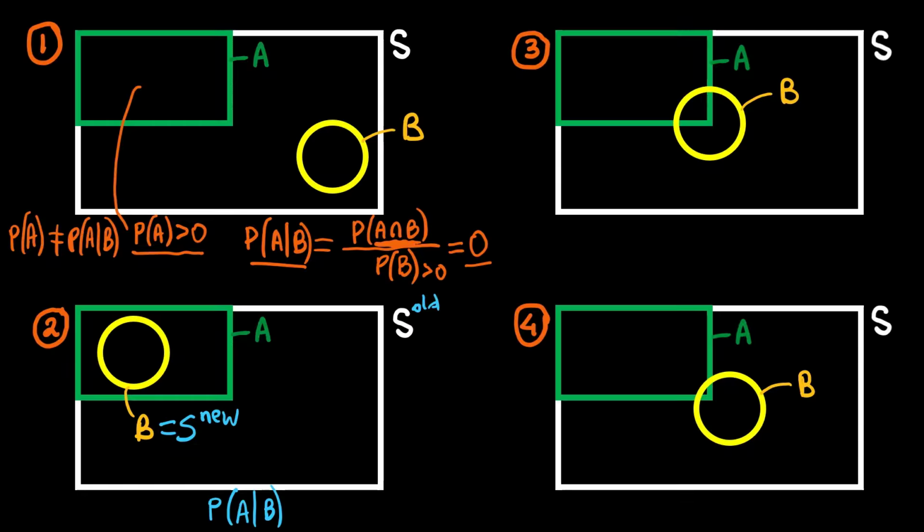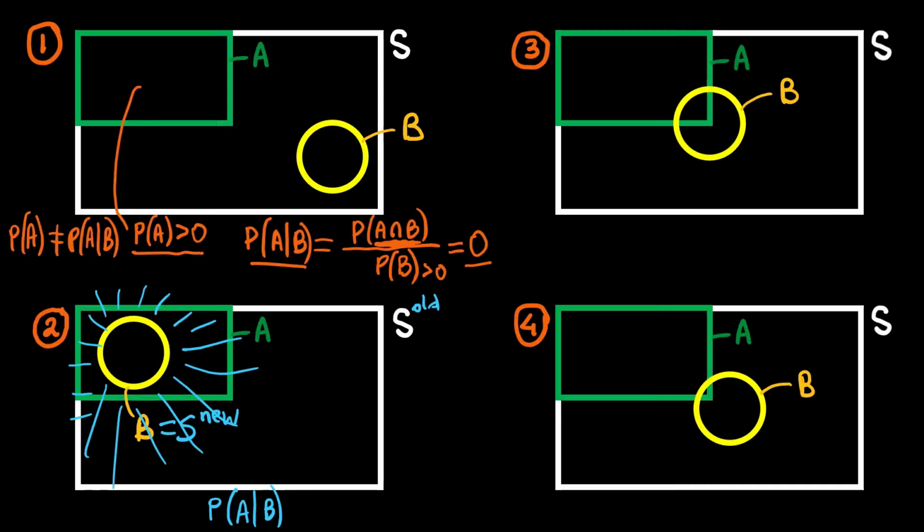And once B becomes the new sample space, anything outside of B doesn't matter, right? All that matters now is B. We're focused solely on B, because we know that B now represents the set of potential outcomes. Anything outside of B has a probability of 0.